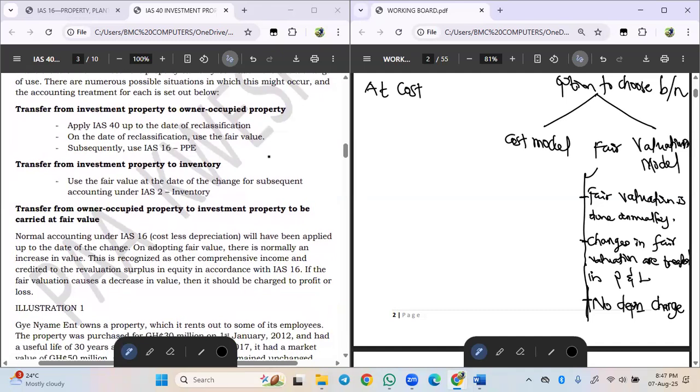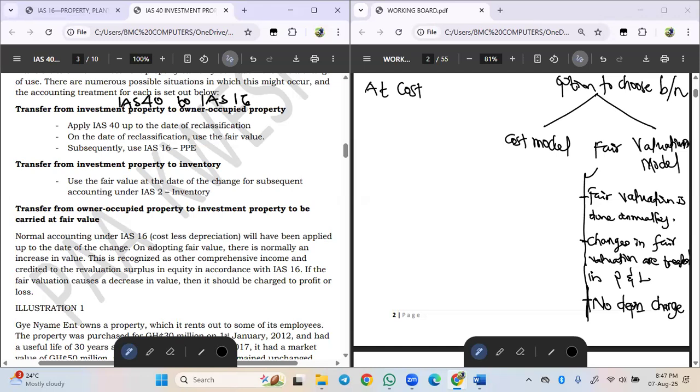So let's look at where the asset has been transferred from investment property to owner-occupied property. In simple words, the asset has been transferred from IAS 40 to IAS 16. How do you treat it? It was initially an asset that you were expecting some appreciation from, or maybe the future use was not yet determined.